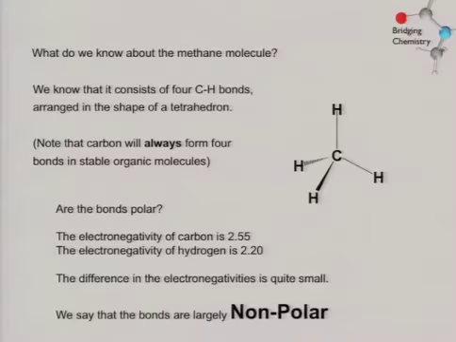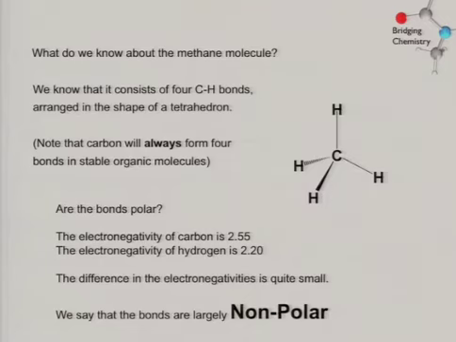Are the bonds polar? We talked about polar bonds back in the first week as well. The way we determine if a carbon-hydrogen bond is polar is we look at the electronegativities of the carbon and the hydrogen. Yeah? So we look those up in a book. We don't memorize them, we look them up. And we find that the electronegativity of carbon is 2.55 and the electronegativity of hydrogen is 2.20.